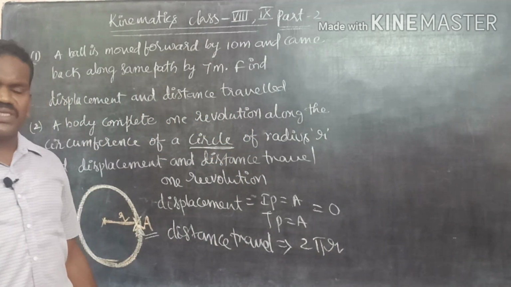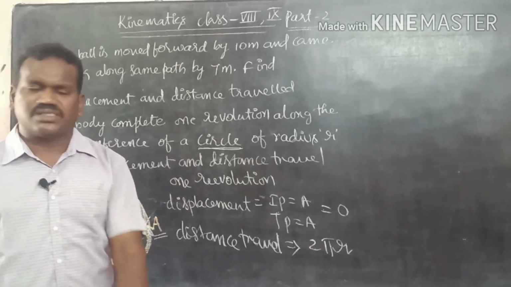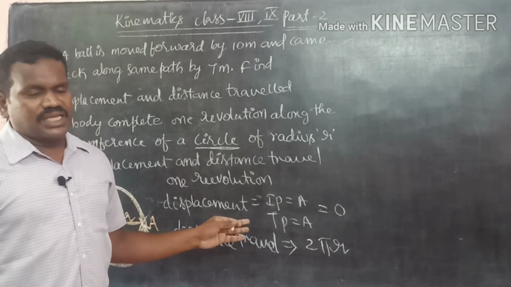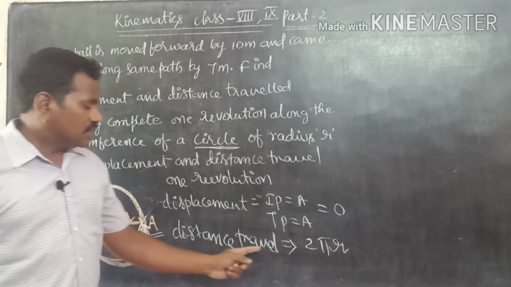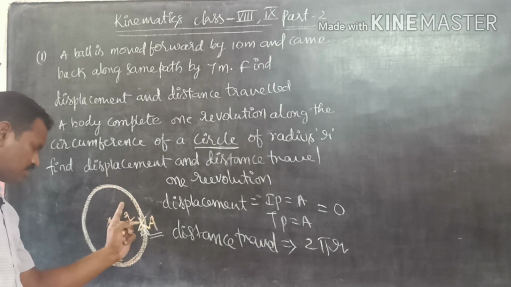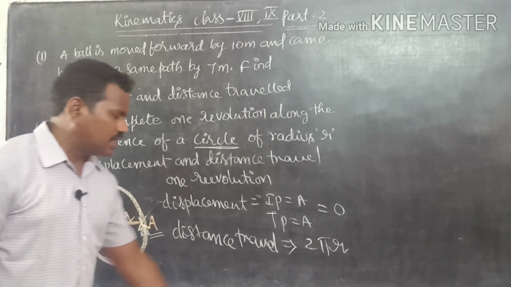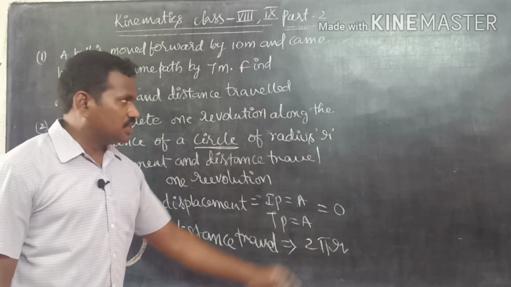As I already said in my first videos, maths is the fundamental of physics. Compulsorily we are going to apply mathematical principles in physics. Here the total distance travel is the total length traveled by the body, that is 2 pi r. In this case the displacement is 0.